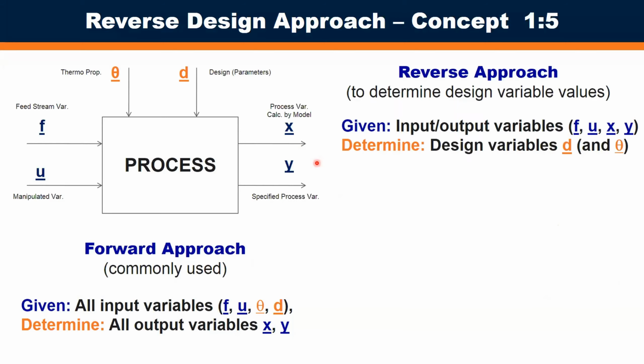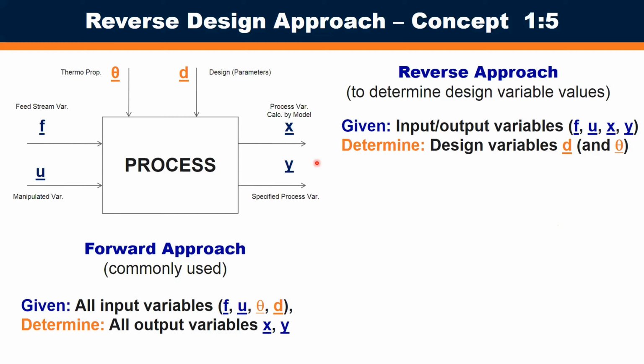But if we were to solve this in reverse, we're solving this in a way where we're actually given the input variables, so the stream information and the manipulated variables, and we know what we want out of the process. And so what we're solving for is what are the design parameters and thermodynamic property values that will get us there.